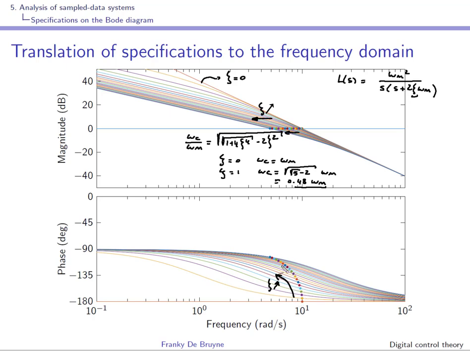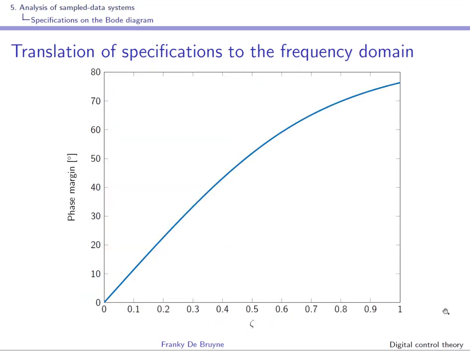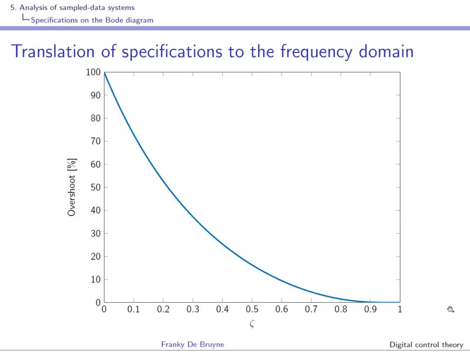So this means that the phase margin is increasing. So this is the plot where you show phase margin in degrees as a function of zeta. When zeta is equal to 0, we had seen that the phase margin was indeed 0, and it increases to a value that is in between 70 and 80 degrees phase margin when zeta tends to 1.